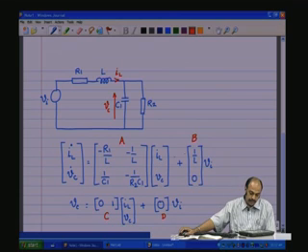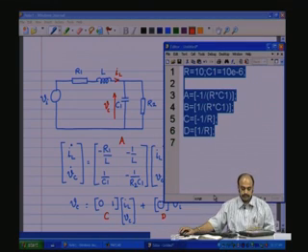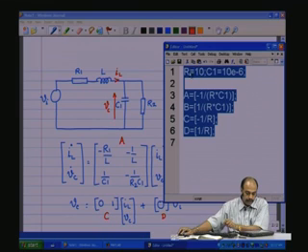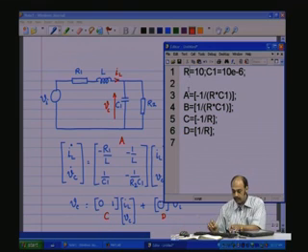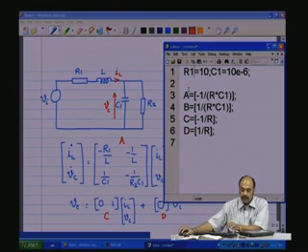So, these are the A, B, C, D matrices that we need to input. So, let us go back to the editor here and edit these things. So, we need a parameter R1, and let us say we give R1 of around 1 ohm.